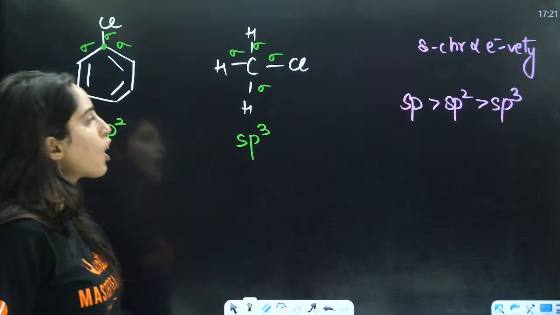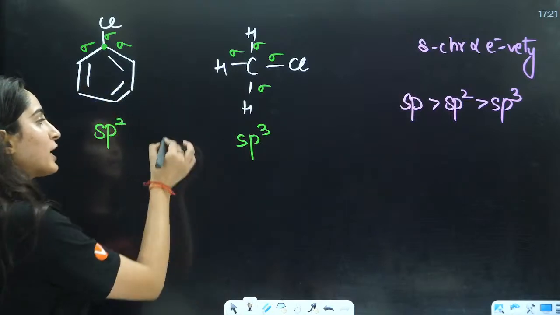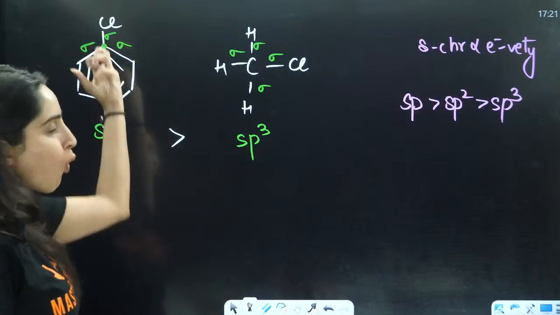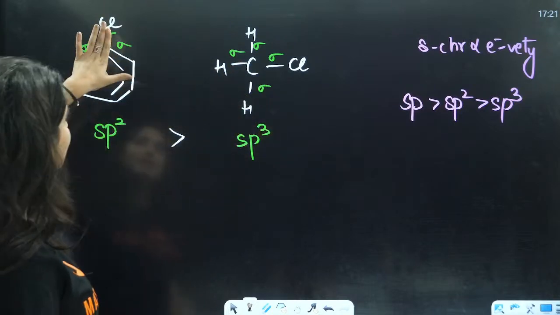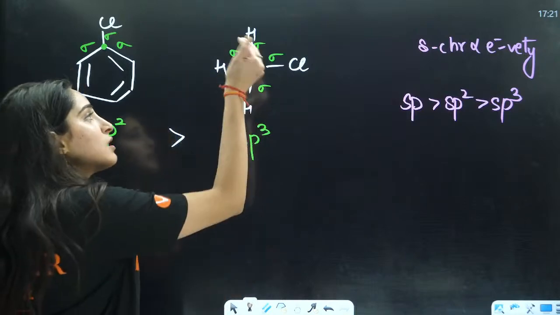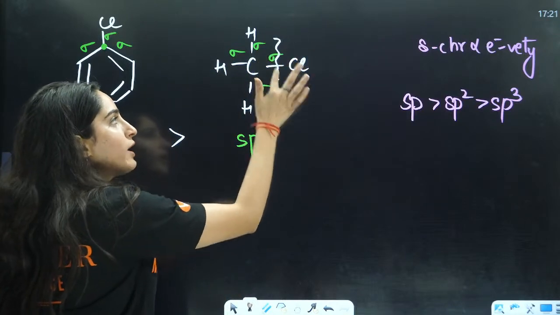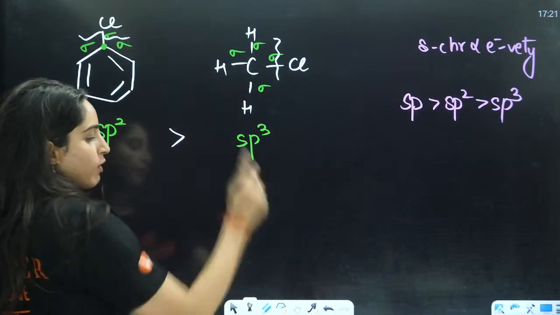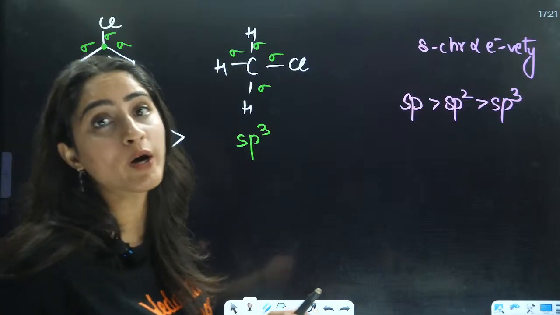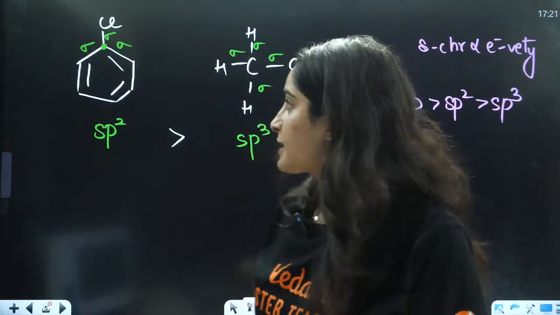That means for sp2 the electronegativity is greater than sp3. That means the electron hold is greater in this situation as compared to this situation, right? That is why it is easy to break this bond as compared to this bond. That is the second reason why the C-Cl bond is difficult to break, right?